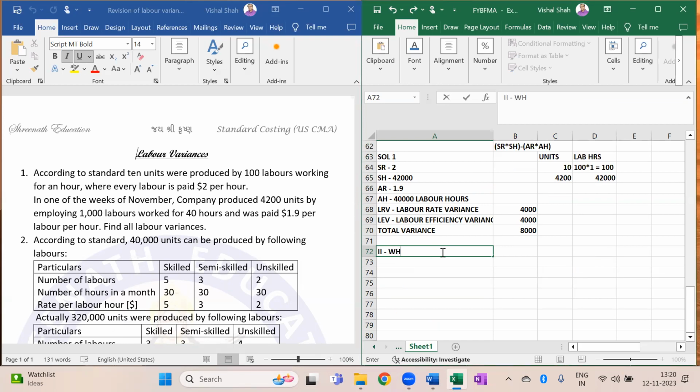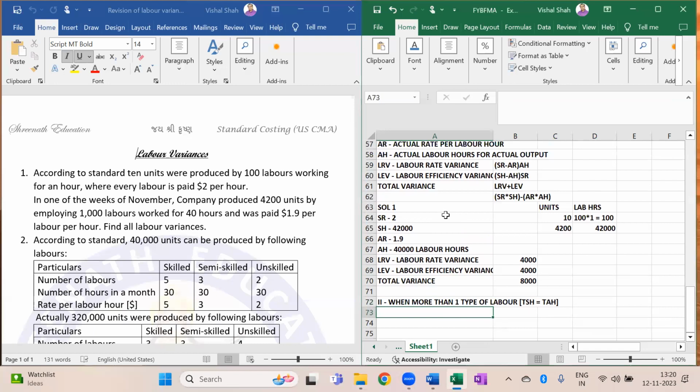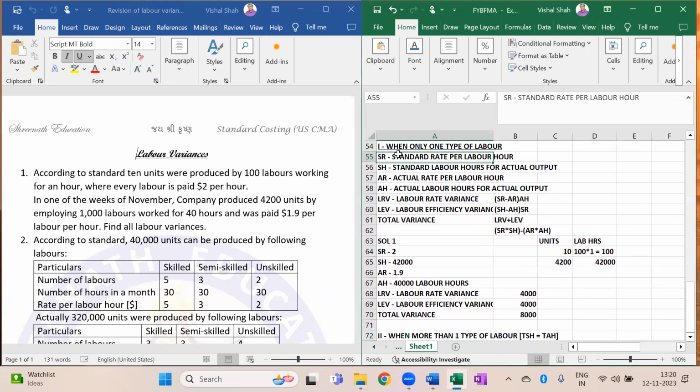But still, it will be TSH equals TAH. So everything will come the same, including the formulas.